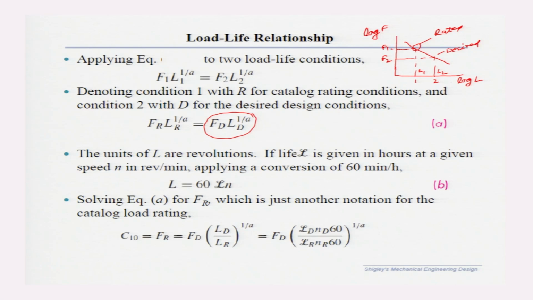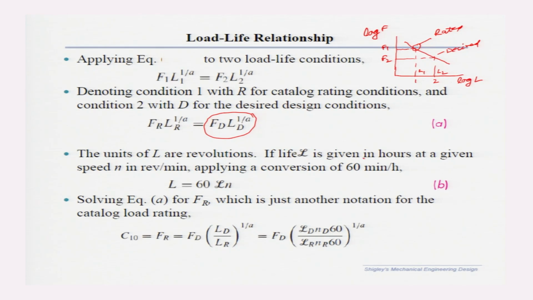So, catalog is giving the rated load and rated life, and we want this load to be applied on our bearing, and we want this life. So, the relationship will be just like this. Now, the unit of L is revolutions. Life is revolution, number of cycles.